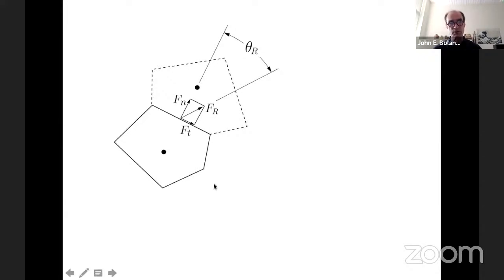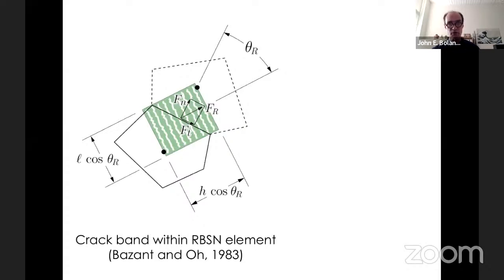To model fracture, this is one simple way to model fracture. We have the force in the normal spring, the force in the tangential spring, and we'll take the resultant force of that, and we'll say that's the principal direction. And then according to that, we'll let cracks form perpendicular to the principal tension direction. And what's neat about this is that the volume of the crack band, this is the crack band concept of Bažant and Oh, is defined by the Voronoi diagram.